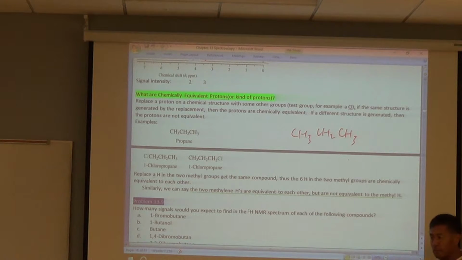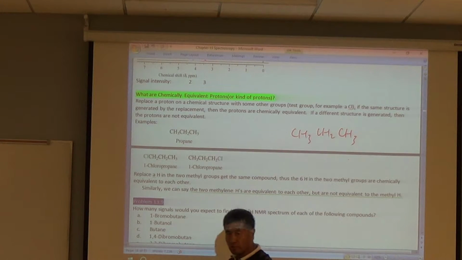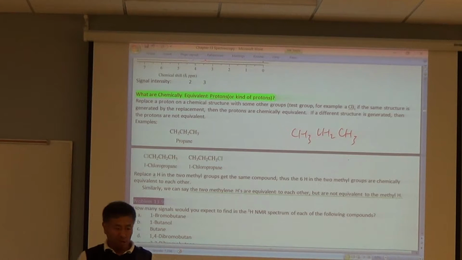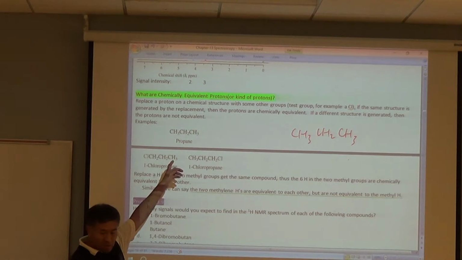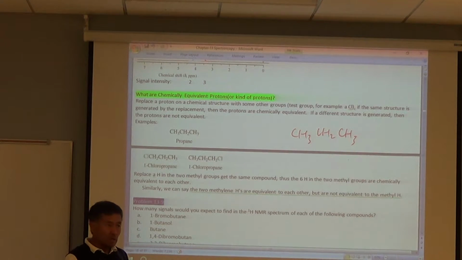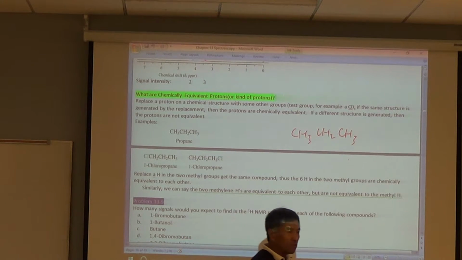So it depends on the chemical shift, on how many signals, and on how many protons are in each signal. Later on we'll see another pattern called splitting. So in that example, your spectrum is very simple.